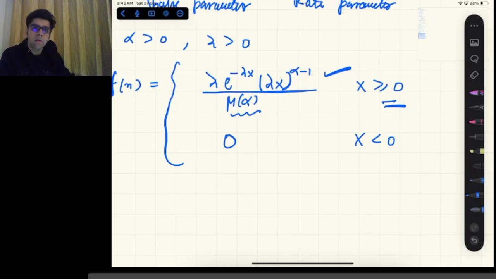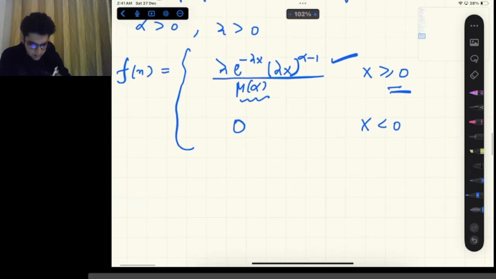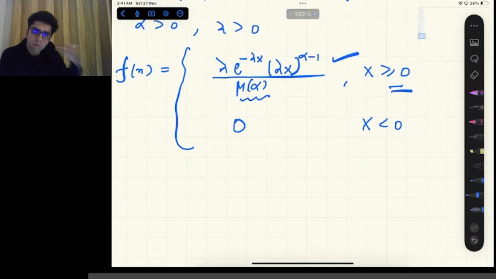If we integrate the PDF of any function over the values that it is defined for, we should be getting 1, and this is defined only for x greater than or equal to 0. On all values where x is less than 0, we get the PDF as 0. So the PDF doesn't exist for any negative value of x.